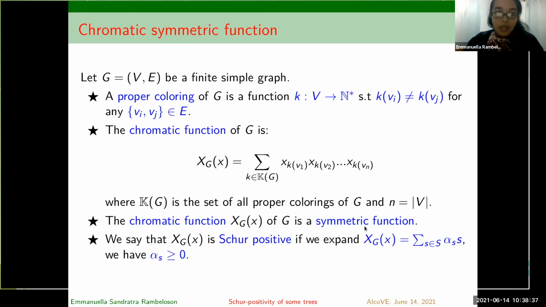And the degree of the symmetric function is this n here, the size of V, or the number of vertices of J.